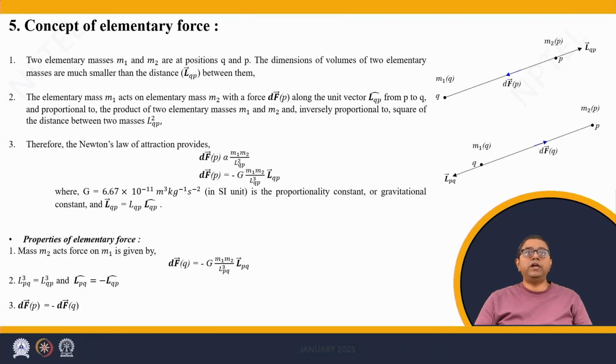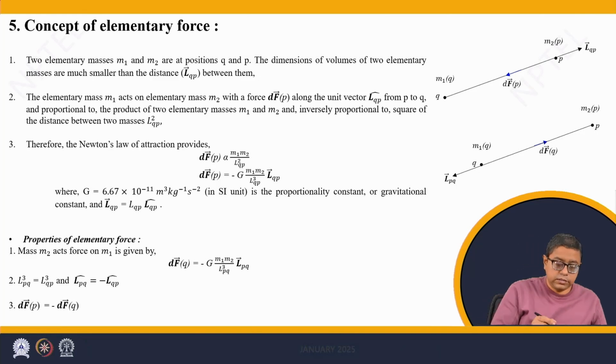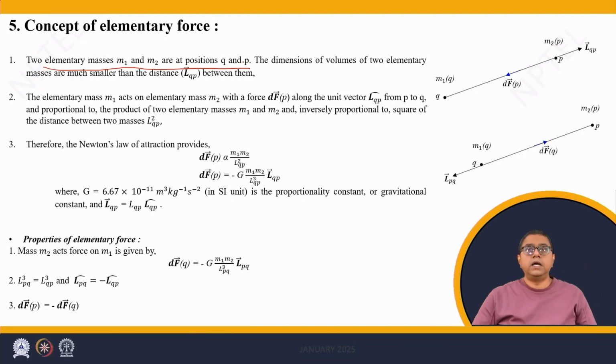Next, we look into the concept of elementary force. Consider two elementary masses m1 and m2 positioned at Q and P respectively. The distance between these two points is LPQ.